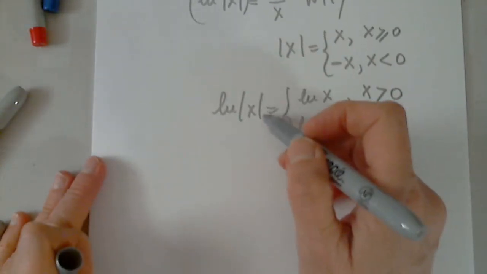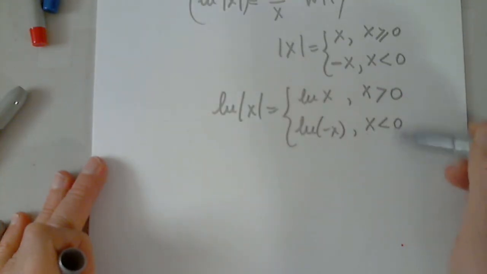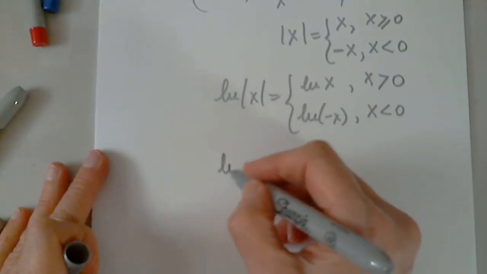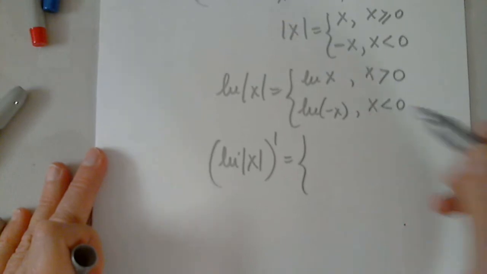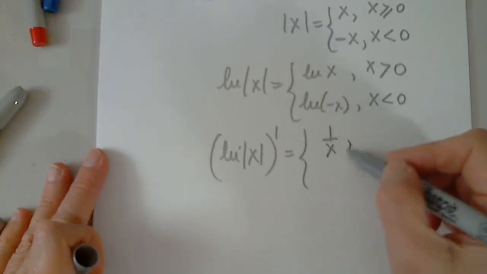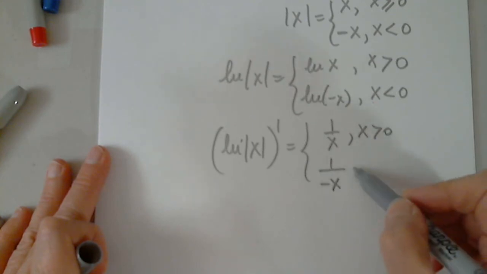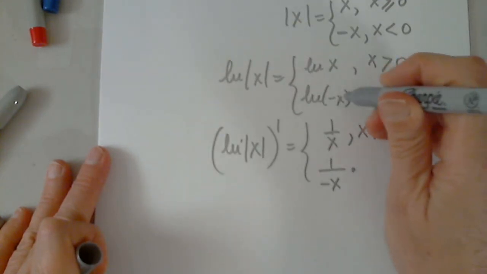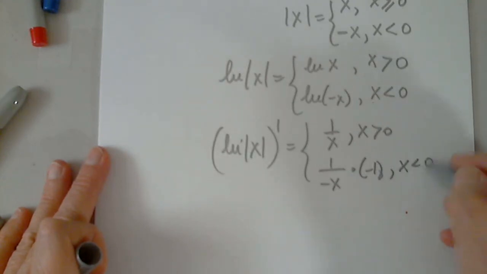So now when I differentiate this, I'm actually differentiating these two for different x values. So the derivative of natural log of the absolute value of x equals 1 over x for x positive, 1 over negative x times the inner function prime for x less than 0.